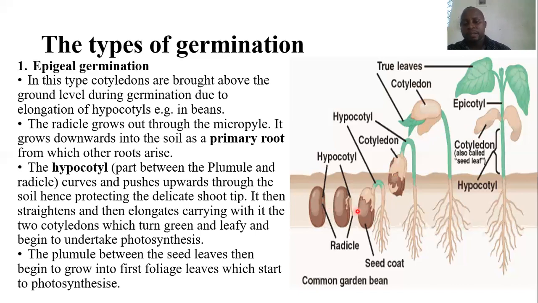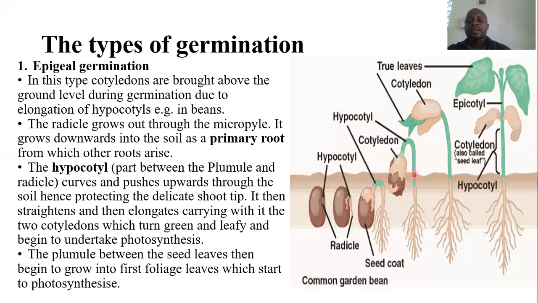First, the radicle comes out of the micropyle and grows downwards, forming the taproot where other roots will emerge. Then the hypocotyle, which is the part between the radicle and the plumule, will extend and start curving upward, carrying with it the cotyledons.